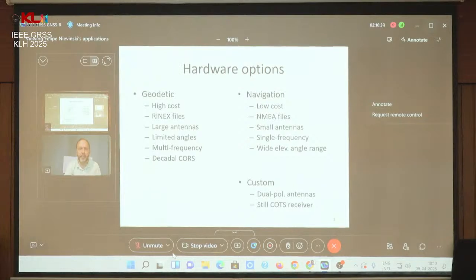And these come in what is called NMEA format. These antennas are much smaller. But the receivers tend to be single frequency because of costs. And the good thing about the navigation hardware option is you get a much wider range of elevation angles.